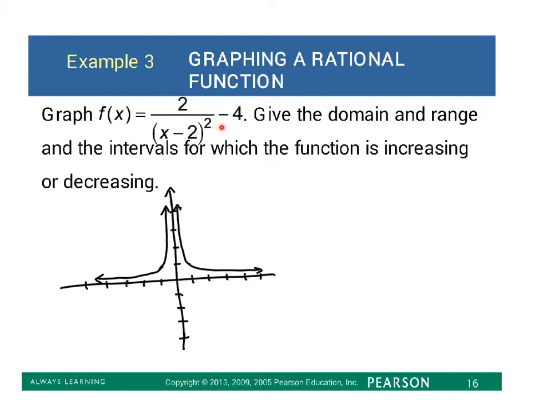It's going to be moving our whole graph down 4 units, because this function is being subtracted by 4, meaning this horizontal asymptote that we have right here, our x-axis, is going to be shifted down 4 units. So right here is our horizontal asymptote.